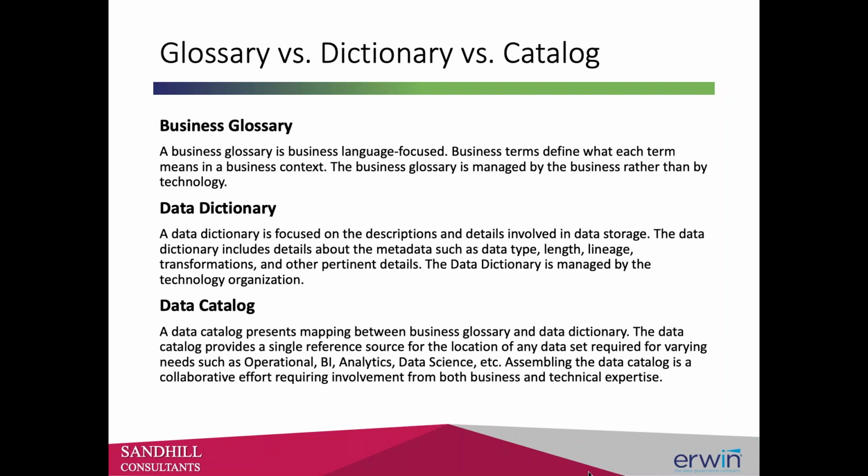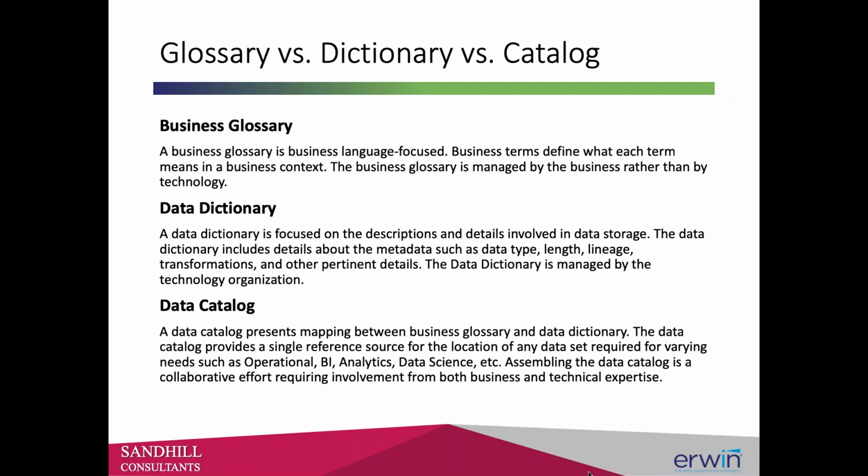The data dictionary, on the other hand, is a technology-focused thing. It's really involved around data storage, what's the length, what's the precision, what's the data type, stuff like that. Even lineage is part of this data dictionary idea. And this is, of course, managed by the IT group. The last thing is the data catalog. Now, the data catalog is actually the marriage between the glossary and the data dictionary.